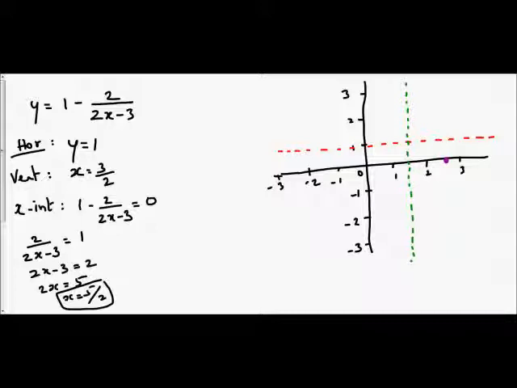So this is x-intercept. What is y-intercept? It's when x is equal to 0. Putting x is equal to 0, you get y equals 1 plus 2 over 3, which is 5 over 3. So that should give us the point y is equal to 1.6, something like that. So it should be somewhere here.